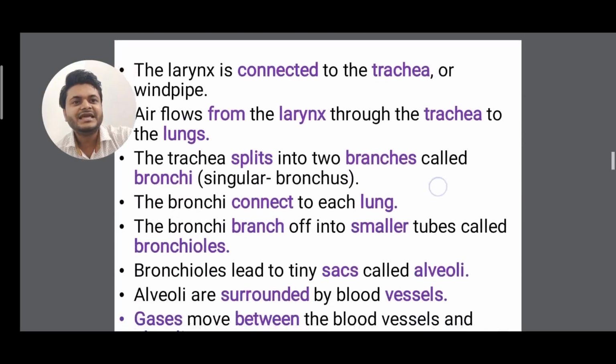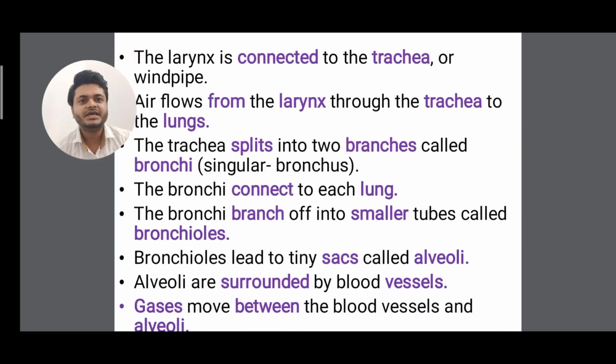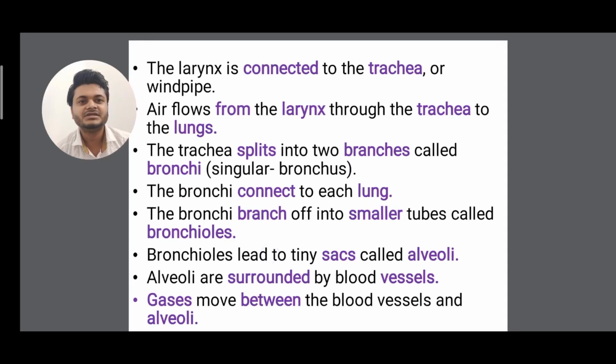The larynx is connected to the trachea or windpipe. Air flows from the pharynx through the trachea to the lungs. The trachea splits into two branches called bronchi. Singular is bronchus. The bronchi connect to each lung. Clear? The bronchi branch off into smaller tubes called bronchioles. Bronchioles lead to tiny sacs called alveoli. Clear? Alveoli are surrounded by blood vessels. Gases move between the blood vessels and alveoli.